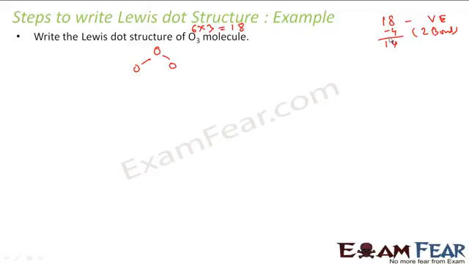Let's make the central one happy. This one has 4 electrons now, so let's add 4 more. That is oxygen 2, and I'll name the atoms oxygen 1, 2, and 3. So we have 10 electrons now. Let's make oxygen 1 happy.